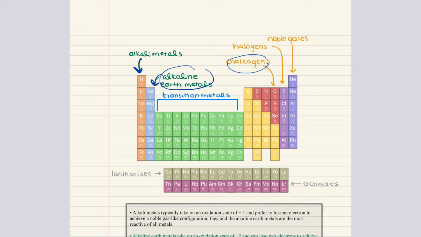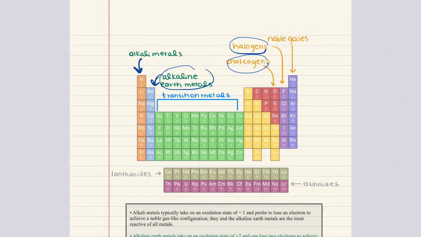Now, they can also take on oxidation states of -2 or +6, depending on whether they are nonmetals or metals, respectively. This group includes essential elements for life like oxygen and sulfur. Oxygen is necessary for respiration in many organisms, while sulfur is a key component in amino acids and proteins.